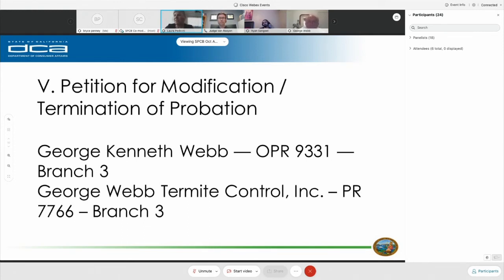The board issued petitioner's operator license number OPR 9331 on or about November 4th, 1994. On November 4th, 2014, the board issued registration certificate number PR 2644 in branch 3 to petitioner George Webb, covering termite control with George Webb as the owner and qualifying manager, QM.